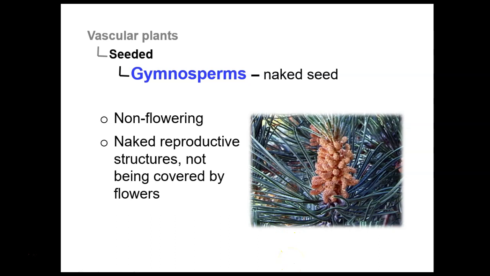Gymnosperm, as a functional name, literally means naked seed. These are non-flowering species, and most of their pollination is facilitated by gravity and wind. And so we're not designing through evolution a flower to attract pollinator. There's no pollinator relationship here.